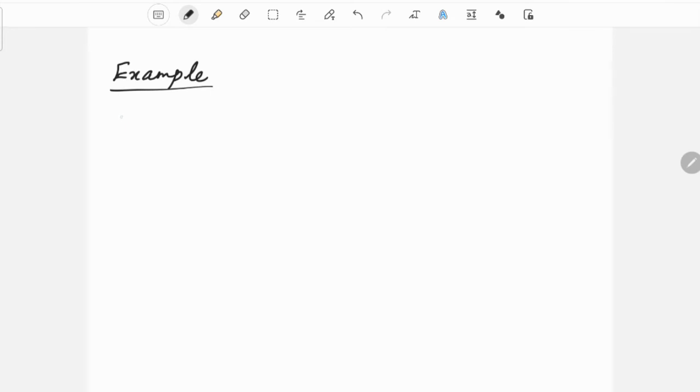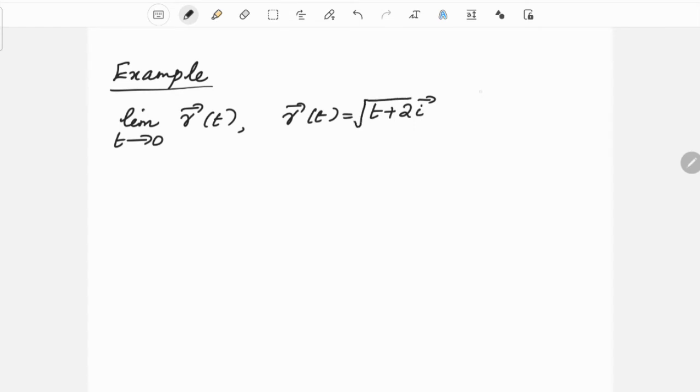Find limit t tends to 0 of r of t where r of t is equal to root of t plus 2 i plus t cos 2t j plus e raised to minus t k.